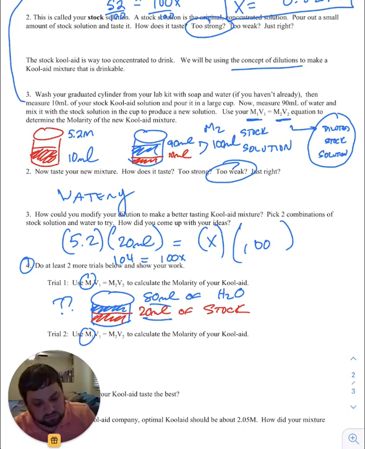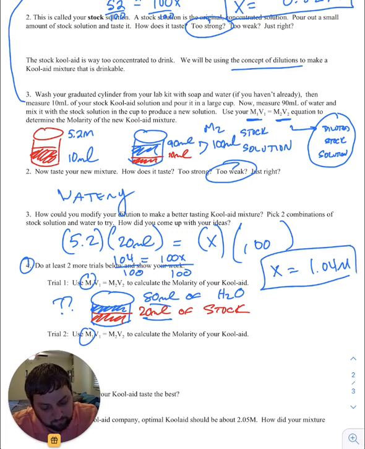How do I get x by itself? I divide both sides by 100. And again, to give you an exact amount, I'll plug it into my calculator here. We have 1.04 M.